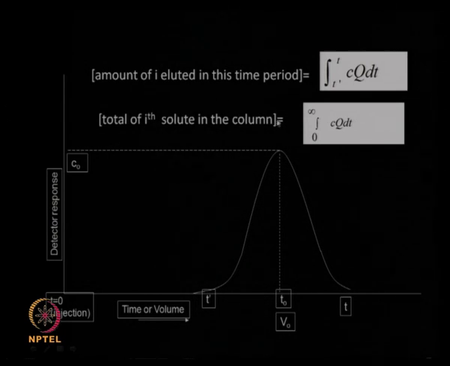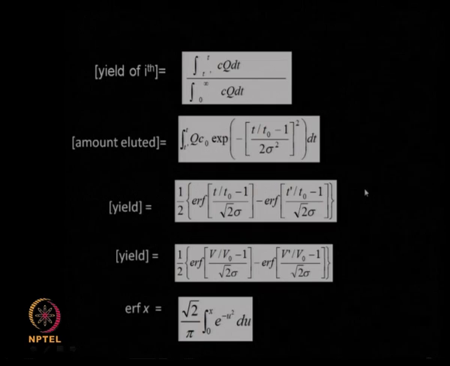The total of the ith solute in the column, we have to integrate throughout, that is why we integrate between 0 to infinity of CQ dt. So this is the total of I in the solute, starting from 0 right up to infinity, whereas the amount of I eluted between these two times we are just integrating between these two limits, t dash and t. So what do we do?